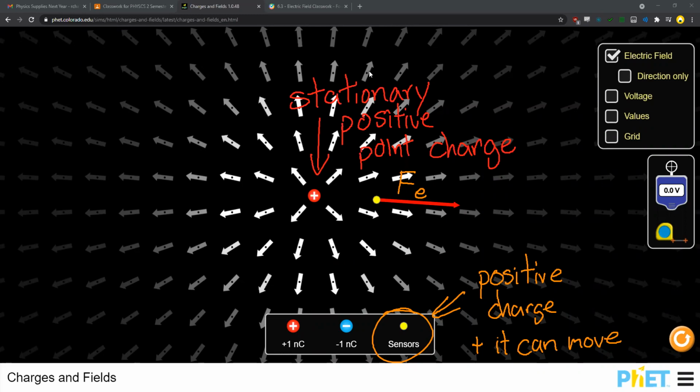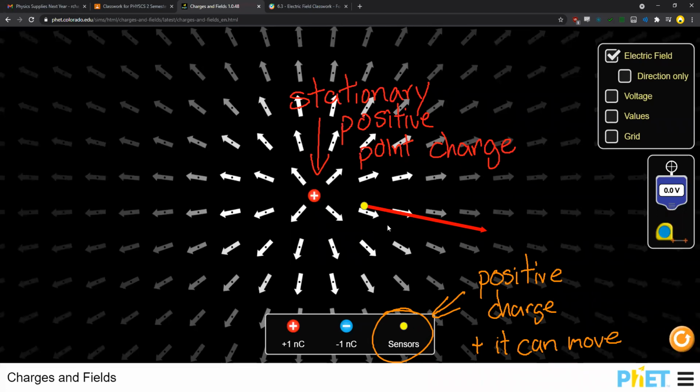So over time, if we played this, because right now it's like you're pausing it basically, if this was a video, this sensor would just keep moving outward because it's being repelled. That's what these arrows represent.